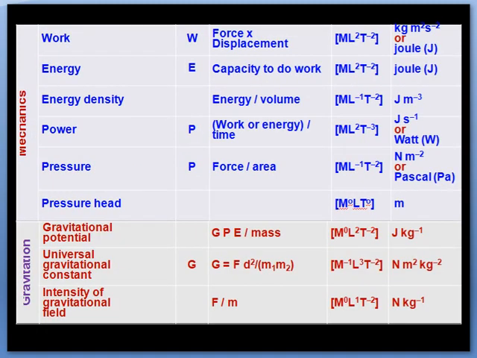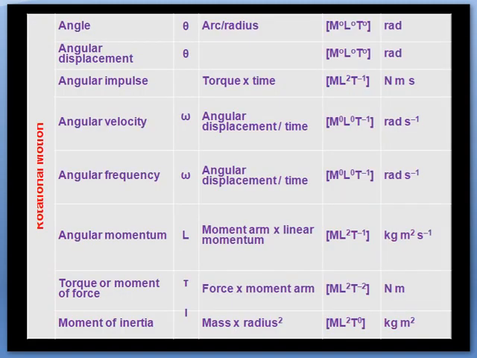Next is gravitation: gravitational potential, universal gravitational constant, intensity of gravitational field. Also pressure, power, energy, density, work. Their dimensions, units and formulas are given, and you are supposed to memorize them. Some are related to rotational motion, so please note down all these in your notebook.